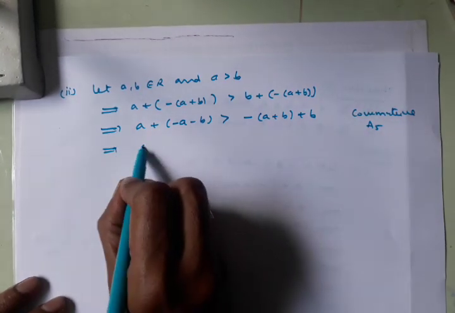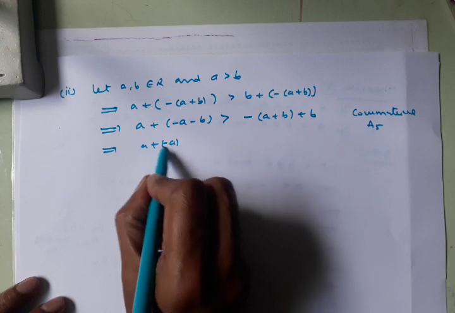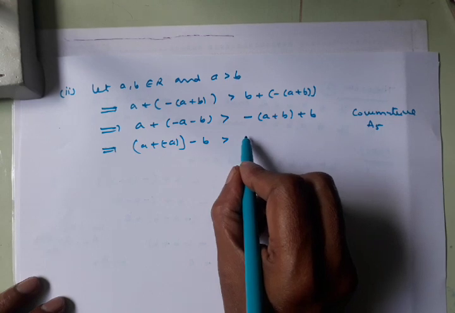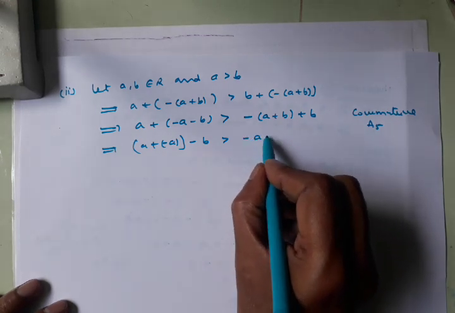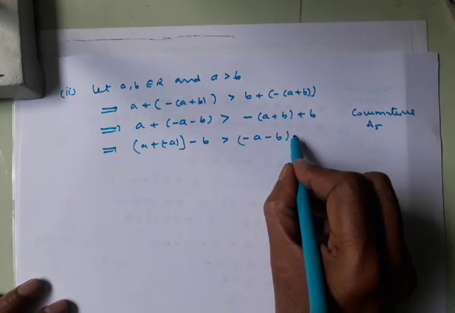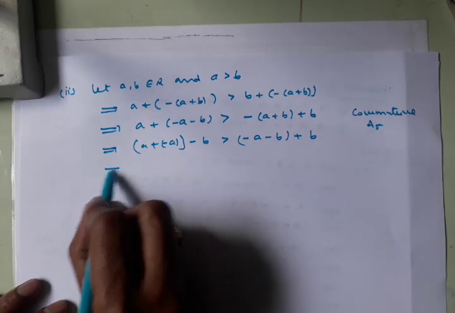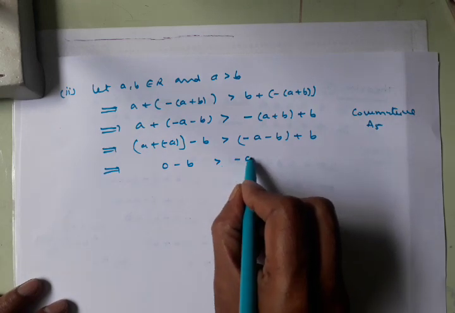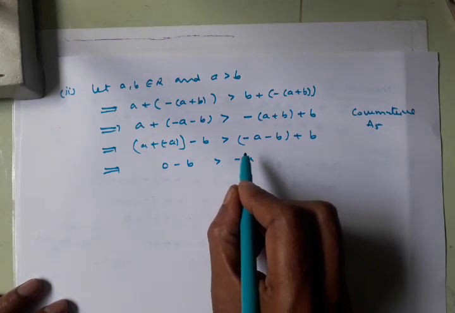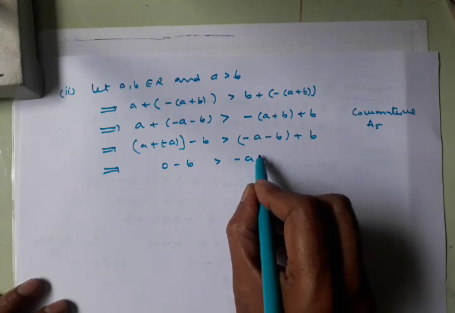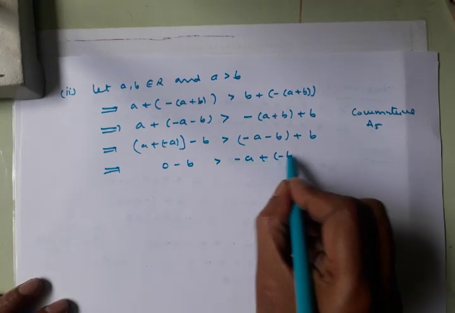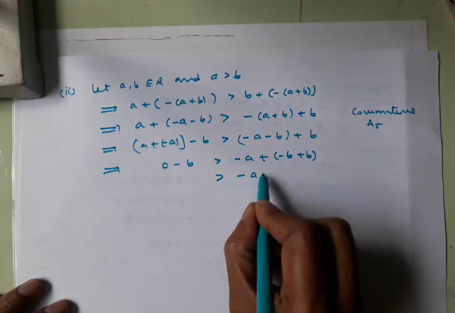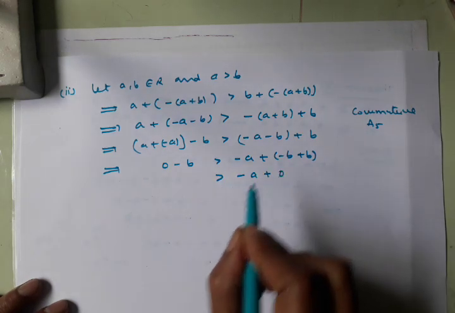This implies a plus of minus a minus b is greater than minus a minus b plus b implies 0 minus b is greater than minus a plus of minus b plus b, which is greater than minus a plus 0.